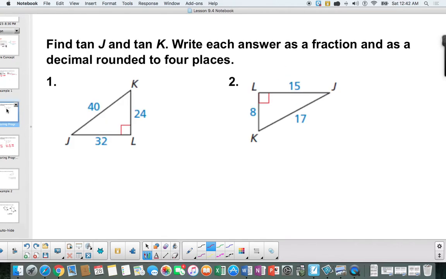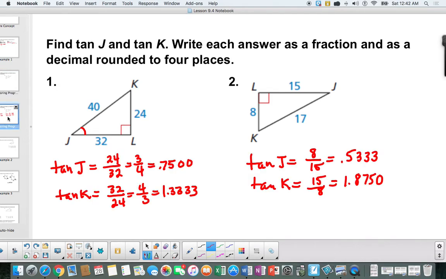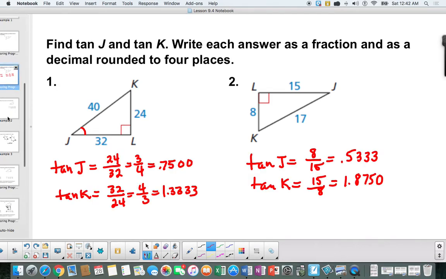Okay, now it's your turn. Go ahead and see if you can write the tangent of J and the tangent of K as a fraction and round it to 4 decimal places. And here are the answers.